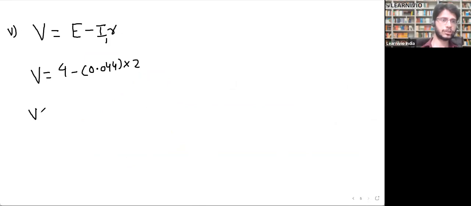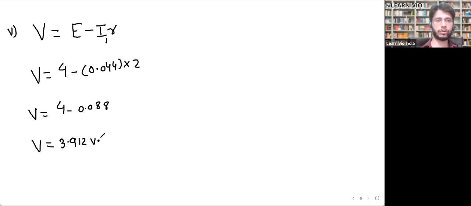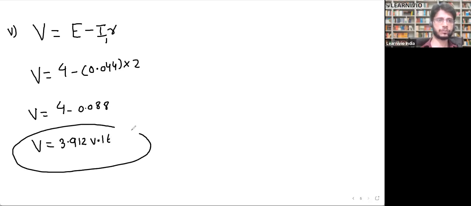So terminal potential difference will be 4 minus 0.088, which comes out to be 3.912 volt. So if a cell discharges, then the terminal potential difference is E minus IR.